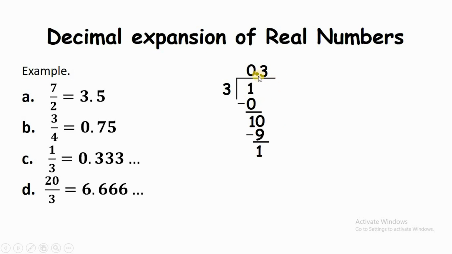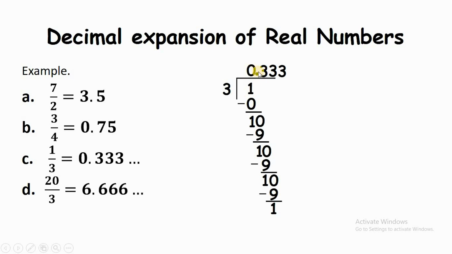Since we have already added the point, you can add 0 here, and 3 3s are 9. Again you get remainder 1. If you keep on doing this, it will not stop, or you can say the remainder will never become 0. But the thing is, after the decimal point, the number is repeating.